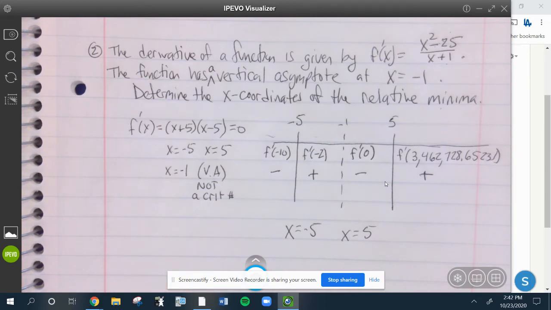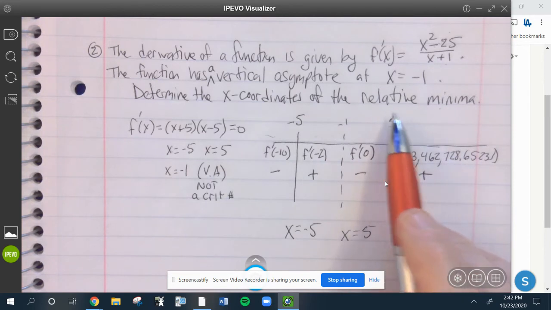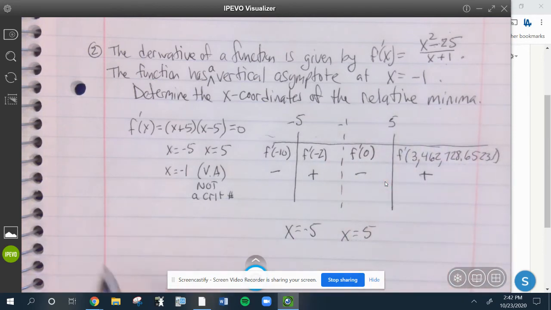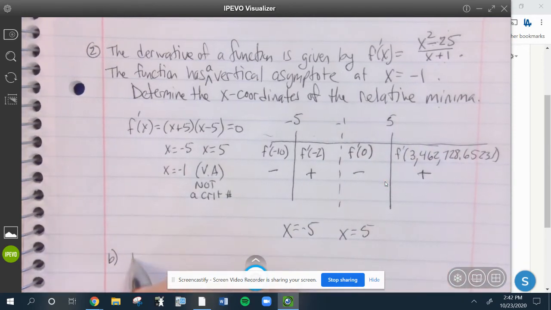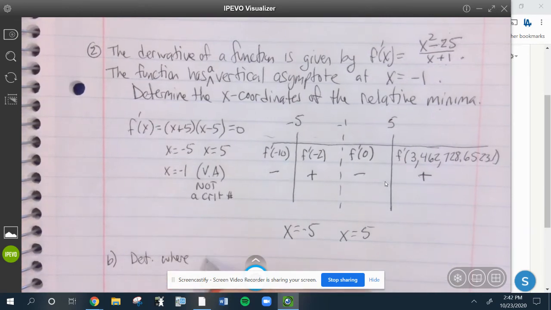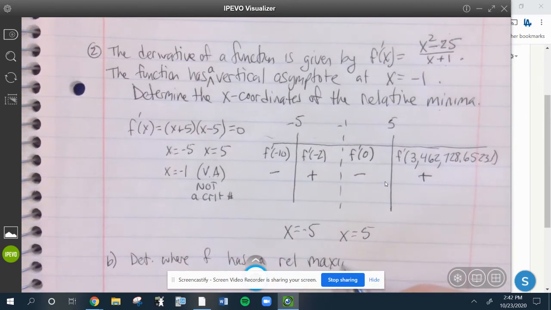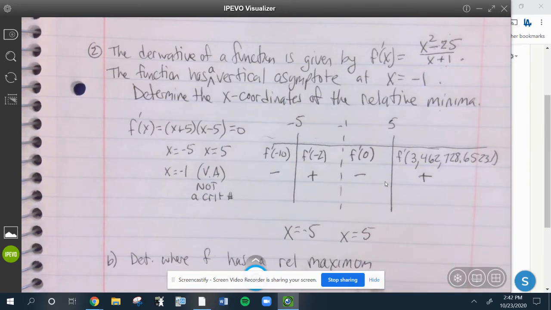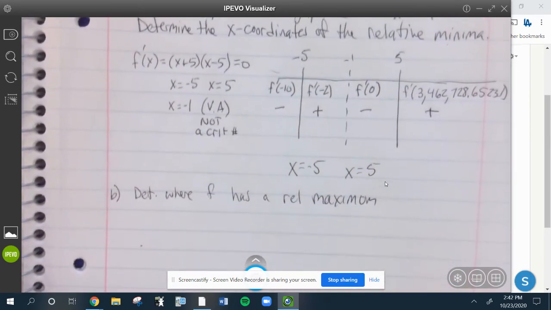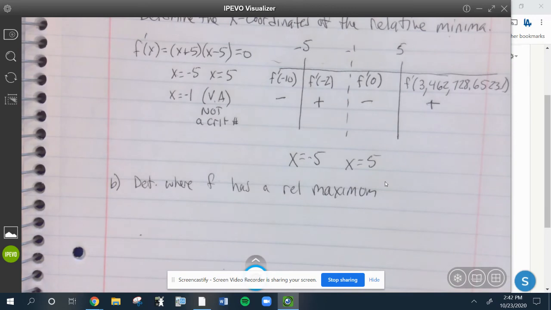Say this was asking for a relative maximum. Well, here's part B. Determine where f has a relative maximum. So you can use the same chart. That's where the derivative goes from positive to negative.